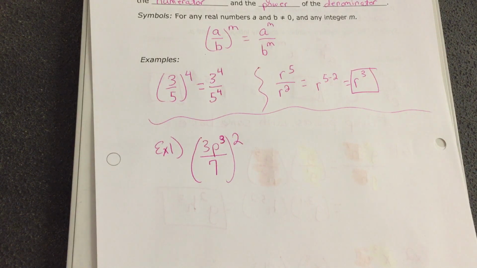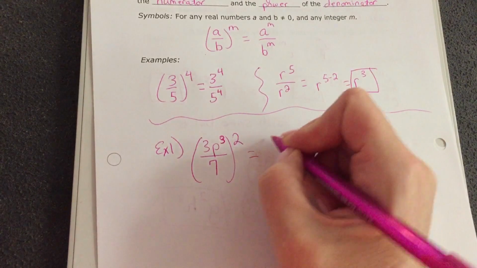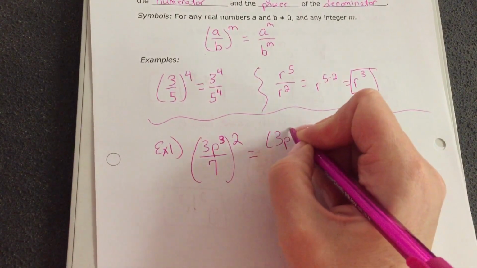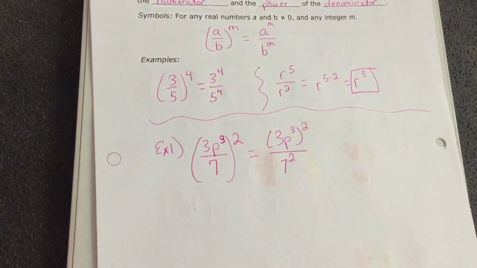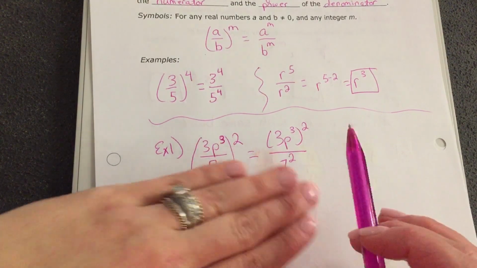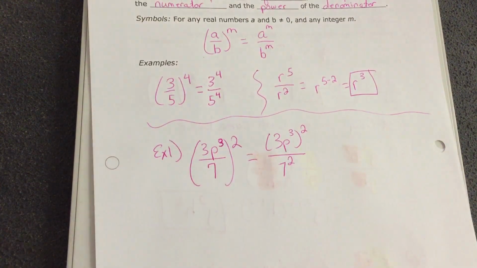I want to break up my numerator, and then break up the denominator by itself. It looks like this: 3p cubed, squared, over 7 squared. Do you see how I did that? I just took this square and left it with that set of parentheses, and then I brought it down here.